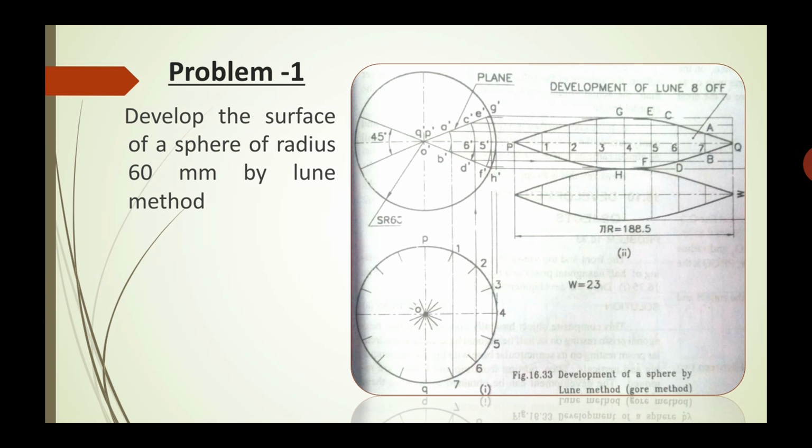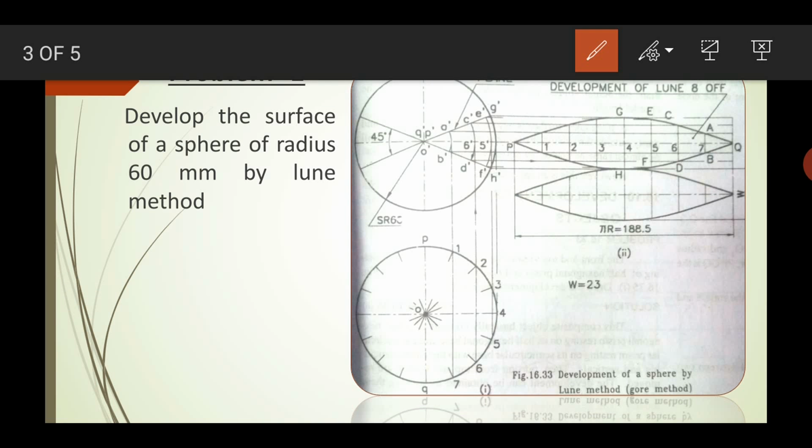First we have to draw the front view of the sphere. This one is the front view. In this front view we have to divide the sphere into 8 lunes. So what is a lune?